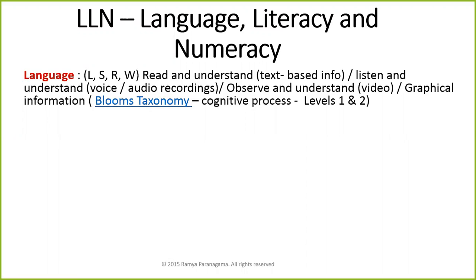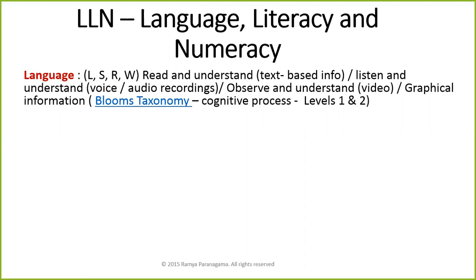Text information is about what was written on a web surface or a word or a document. Then the other information comes from listening and understanding, that is voice-based information.